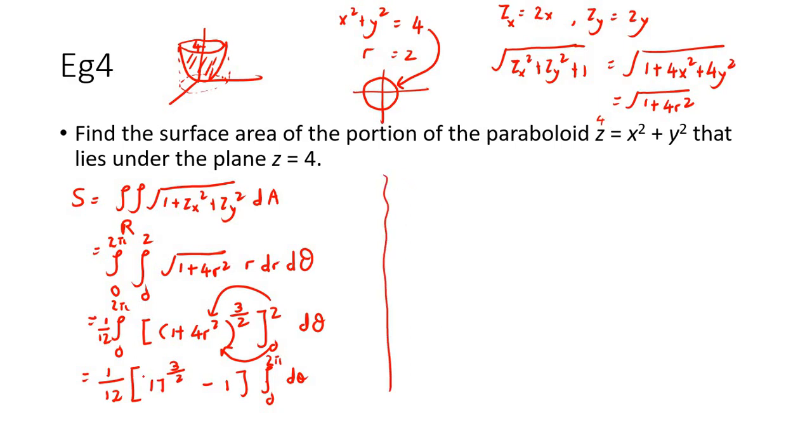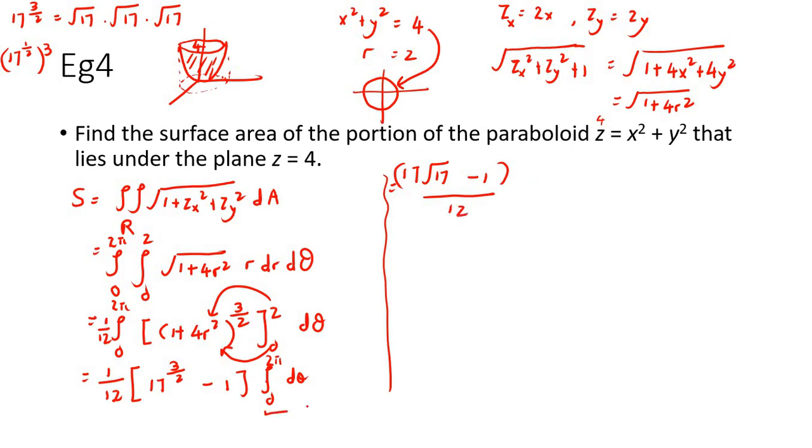So 17 power 3 over 2 is actually 17 root 17, as I said here: root 17 times root 17 times root 17, because this is 17 power half and then power 3. So 17 power half is root 17, power 3. So root 17 times root 17 you get 17, times root 17, minus 1, divided by 12.